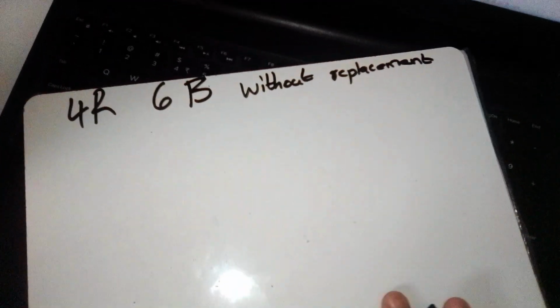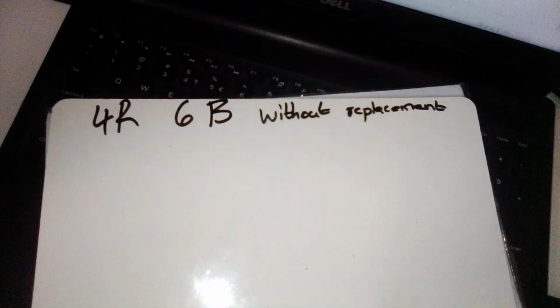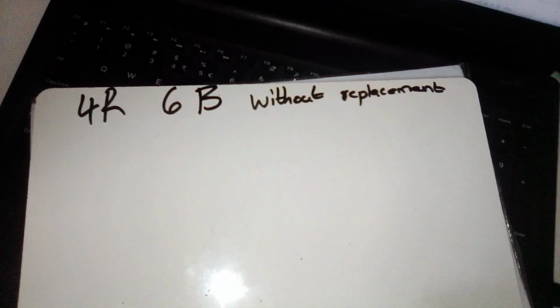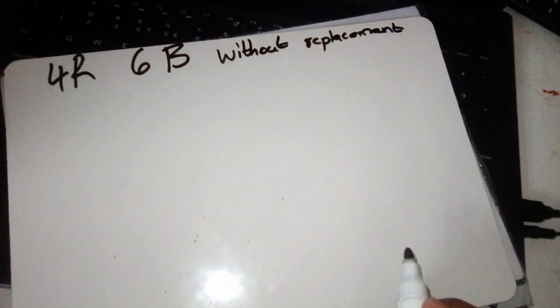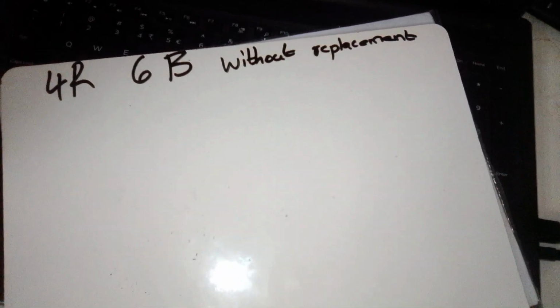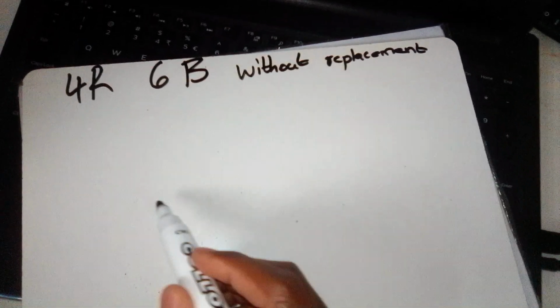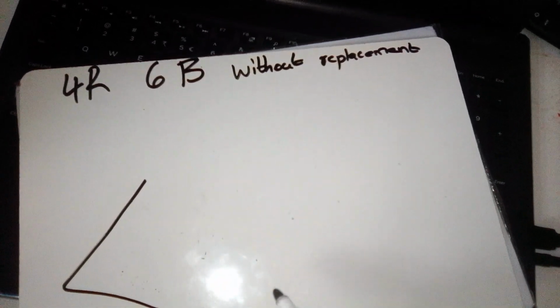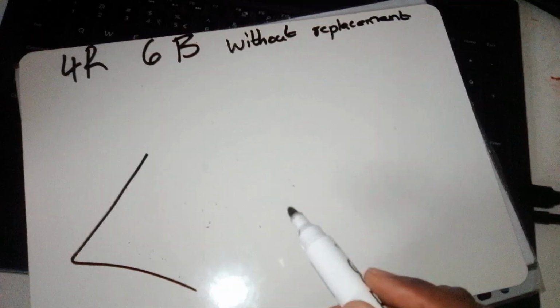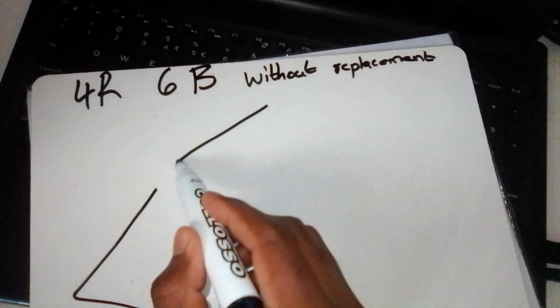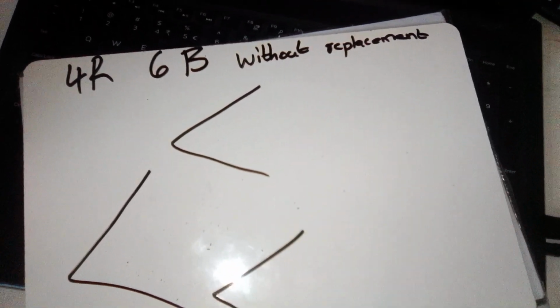If it's without replacement, it means we are dealing with dependent events. We have two events here because they are saying 2 balls are drawn without replacement. So let's have the first event, and the second event.